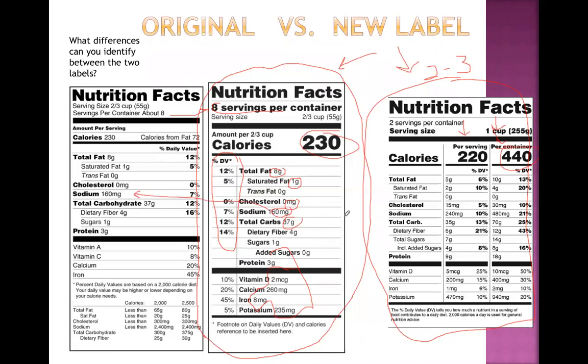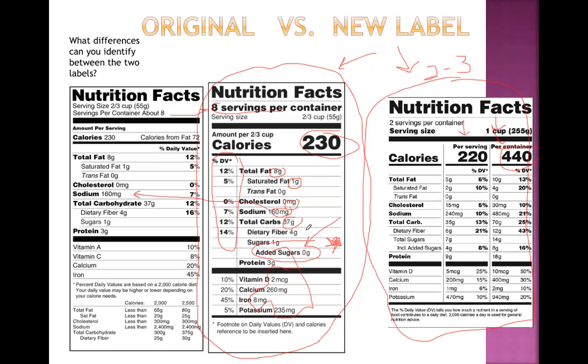But one thing to notice that's new is this guy right here. So a new addition to the carbohydrates is the added sugar column. And this helps the consumer decide or understand, of all of the carbohydrates in this product, what part came from naturally occurring sugars and fiber versus what part came from added sugars.